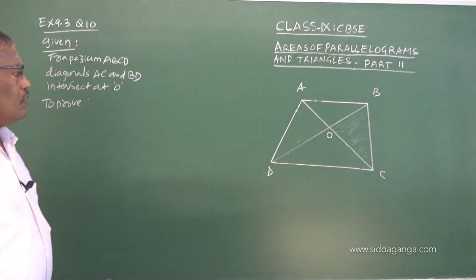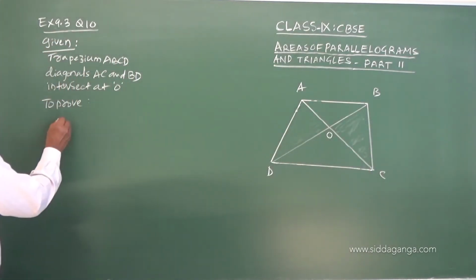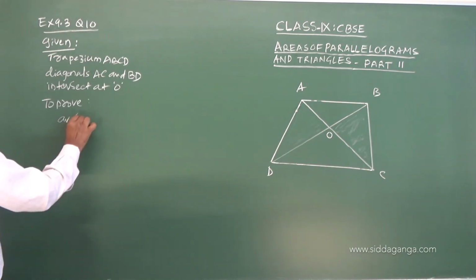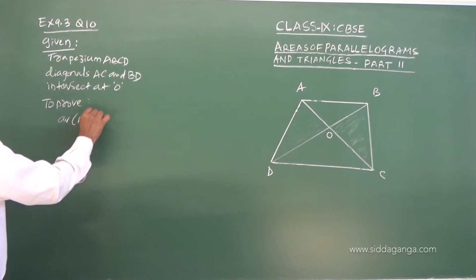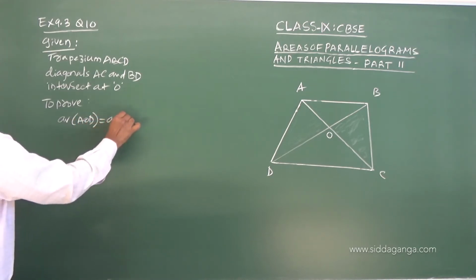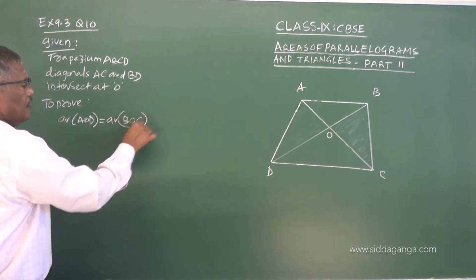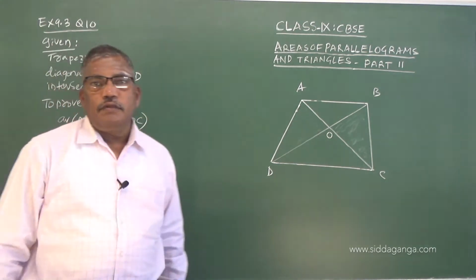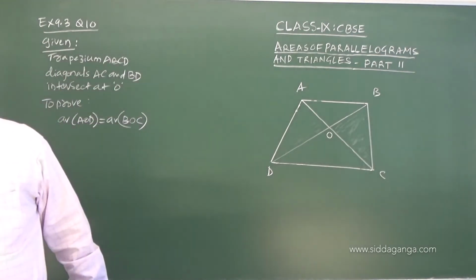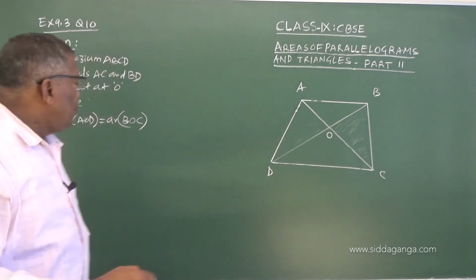So this is what is to be proved. To prove area AOD equals area BOC. Now, proof.